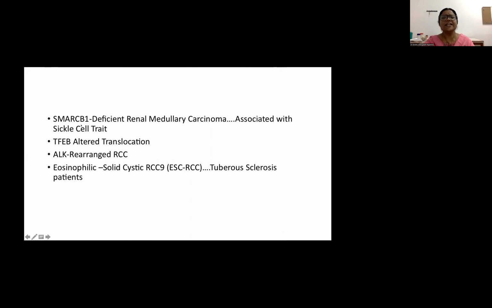Likewise, in SMARCB1 deficient renal medullary carcinoma and ALK rearranged tumor, the list is very long. Why should we know all these entities?